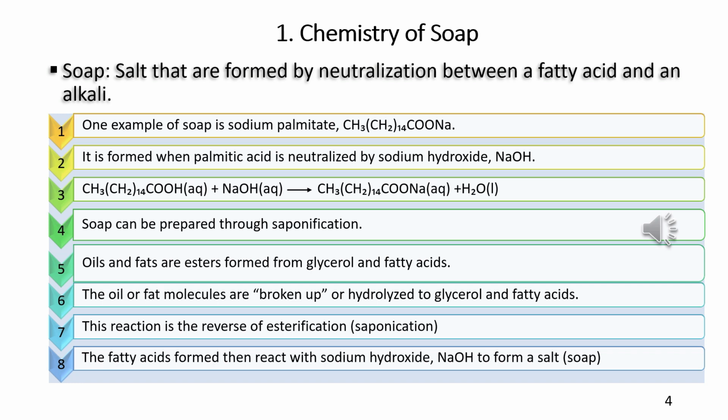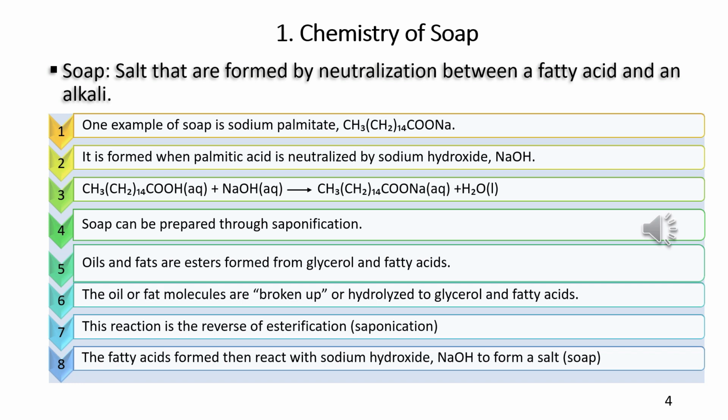Number 3 shows the reaction between palmitic acid, CH3(CH2)14COOH, in the form of aqueous solution, reacting with sodium hydroxide, NaOH, and forming sodium palmitate, CH3(CH2)14COONa aqueous, and water, H2O, in the form of liquid. That's how the reaction occurs for the making of sodium palmitate.